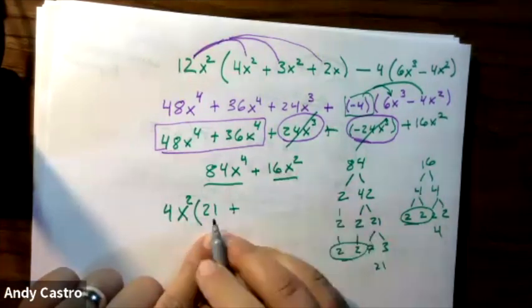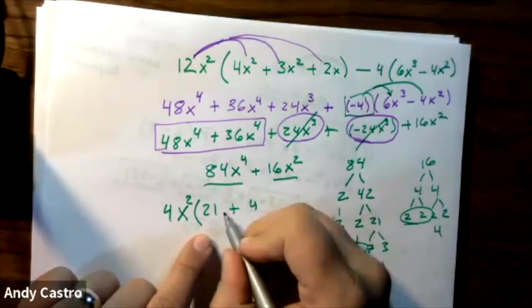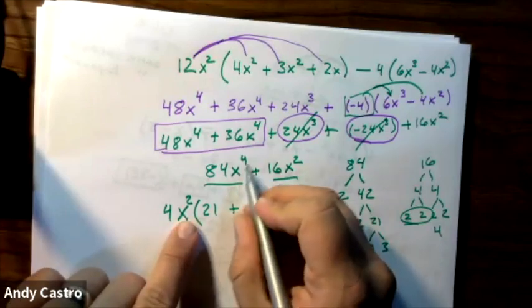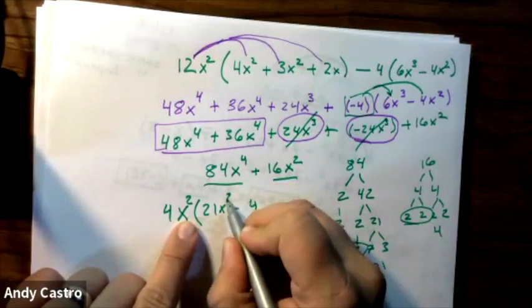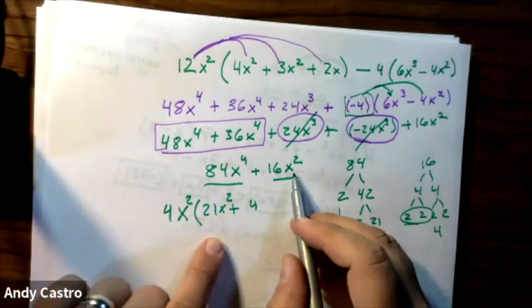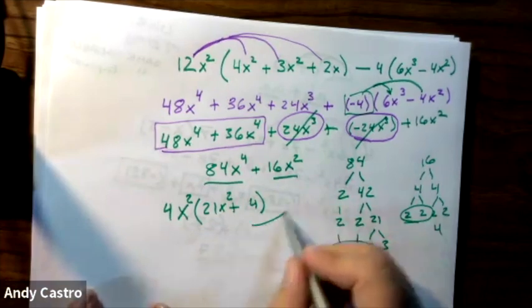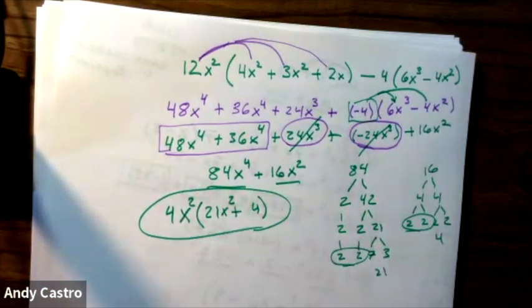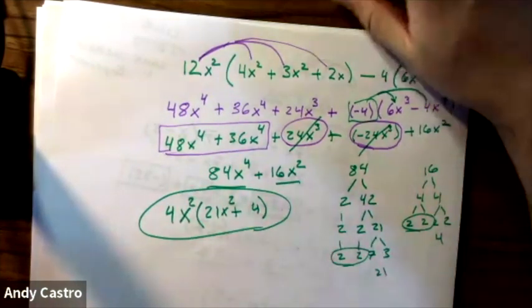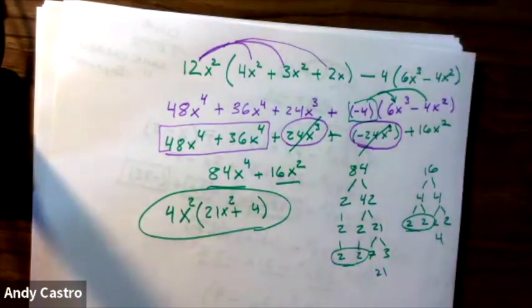And if I pull a 4 out of 16, I'm left with 4. If I pull x squared out of x to the 4th, I'm left with x squared. And if I pull x squared from x squared, we're just left with the constant there. And that is the answer. 4x squared times the quantity 21x squared plus 4.